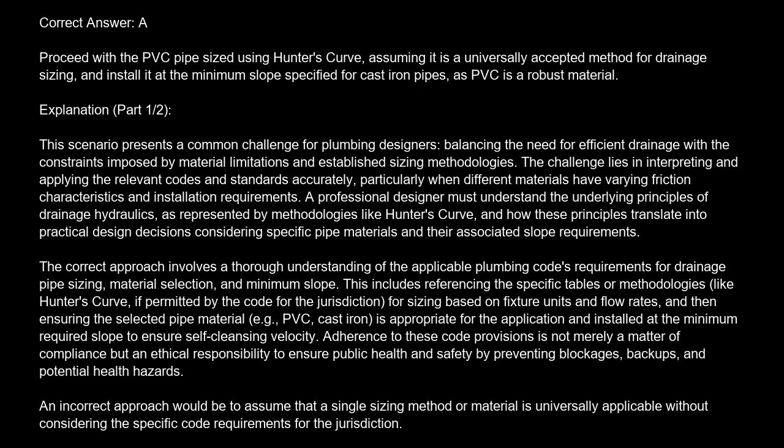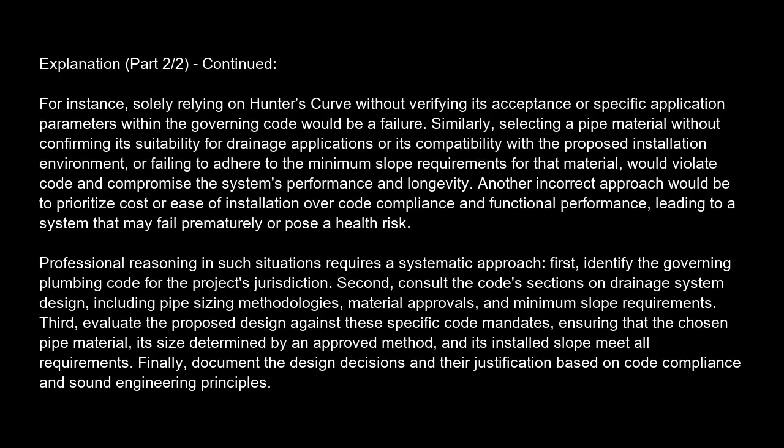An incorrect approach would be to assume that a single sizing method or material is universally applicable without considering the specific code requirements for the jurisdiction. For instance, solely relying on Hunter's curve without verifying its acceptance or specific application parameters within the governing code would be a failure.